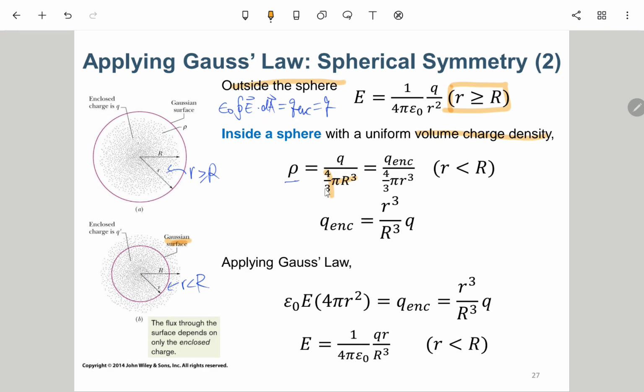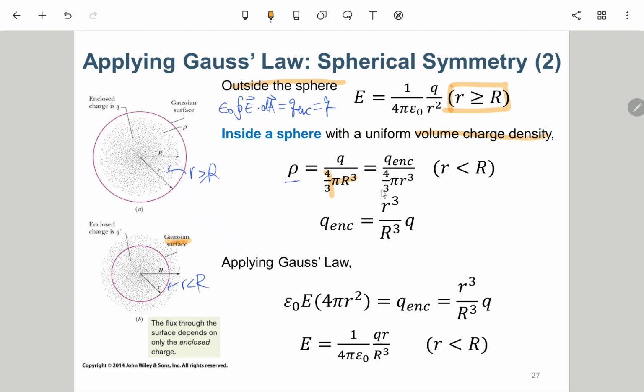That's the volume of a sphere, 球体的体积，4/3 pi r 立方。When we consider the whole ball, rho is Q, the total charge, over 4/3 pi capital R cubed. Then we only consider the Gaussian surface, but it should have the same volume charge density.